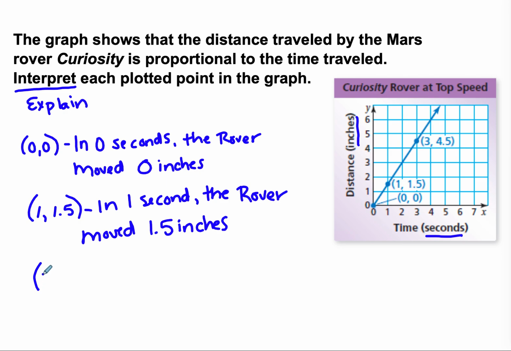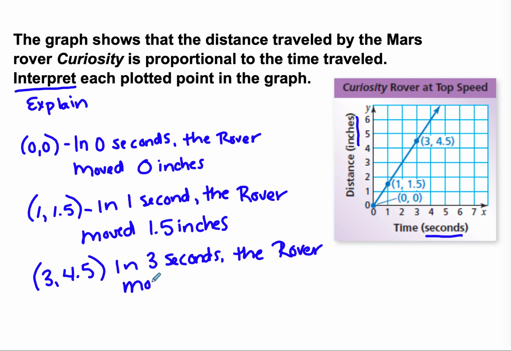And then for 3, 4.5, in 3 seconds, the rover moved 4.5 inches.